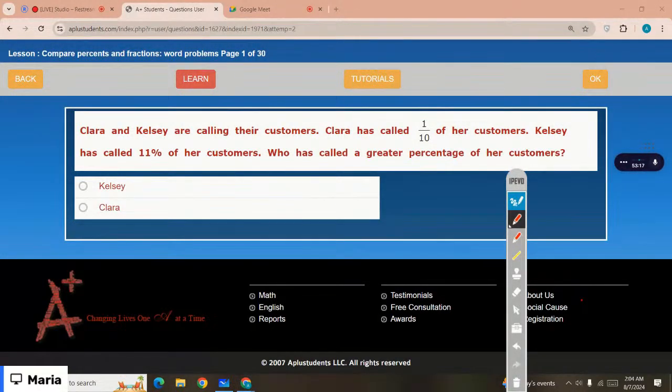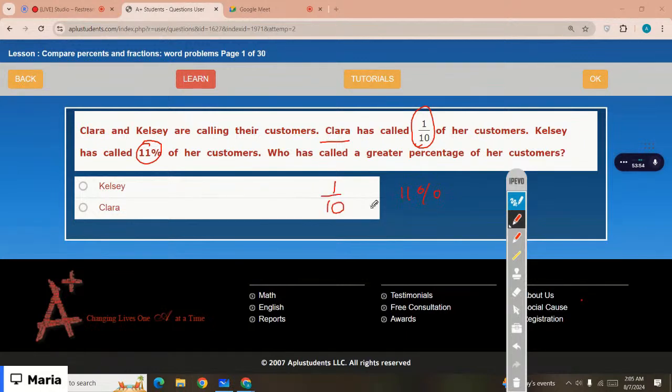Clara and Kelsey are calling their customers. Clara has called 1 out of 10 of her customers. Kelsey has called 11% of her customers. Who has called a greater percentage of her customers? So again, one of them is in the fractional form and the other one is in the percentage form.